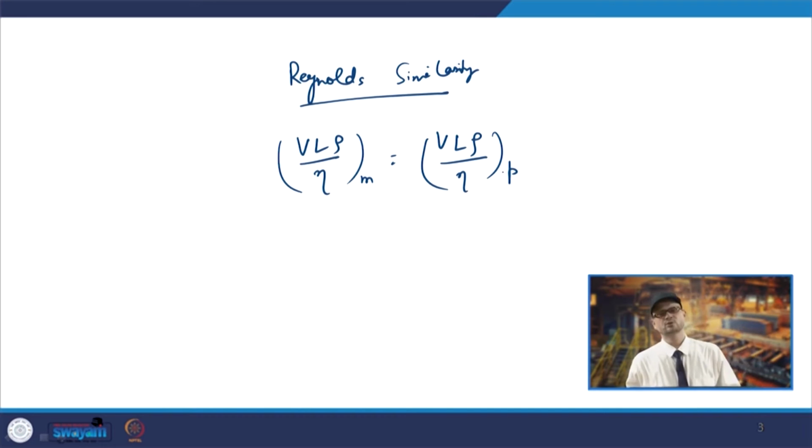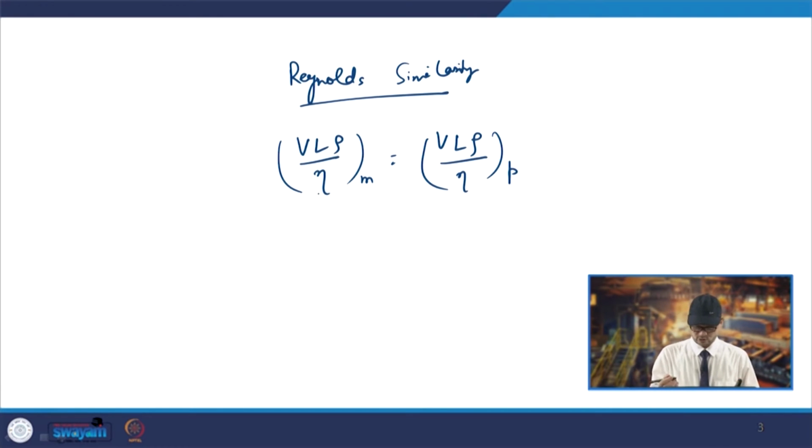So, what we see is that normally the kinematic viscosity of the molten steel and the water at room temperature are somewhat similar. So, they are somewhat equal, so this ratio becomes 1.